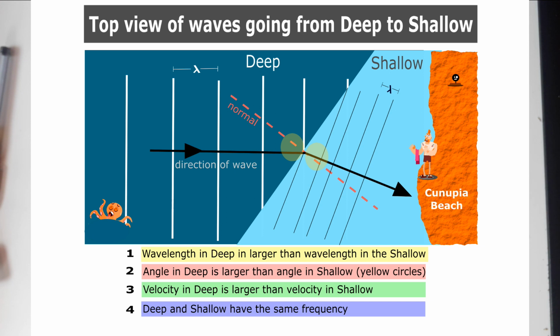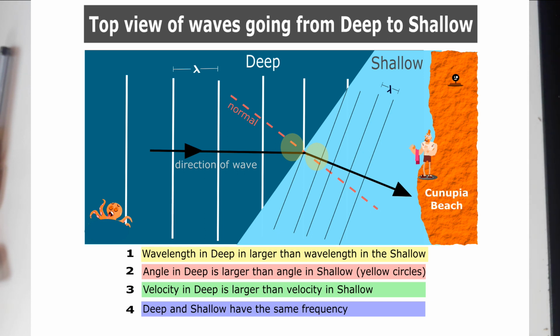Okay? So when I'm talking about the angle, remember the angle is always measured between the direction of the wave and the normal. And the normal is always at 90 degrees to the boundary. And in this case, the boundary is the boundary between the deep region and the shallow region.